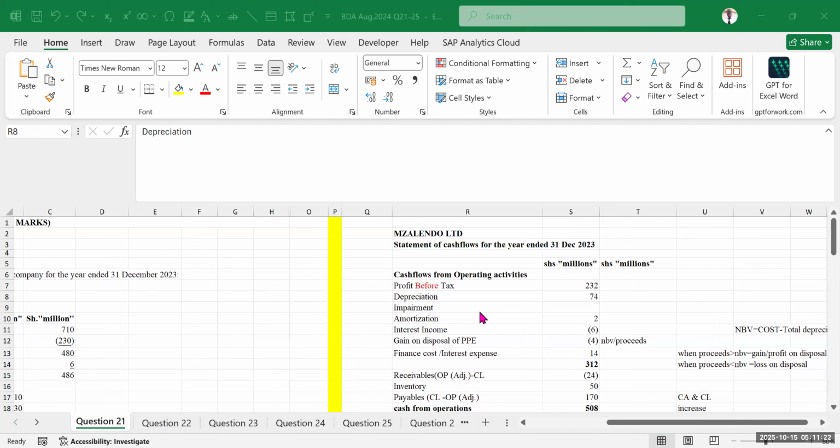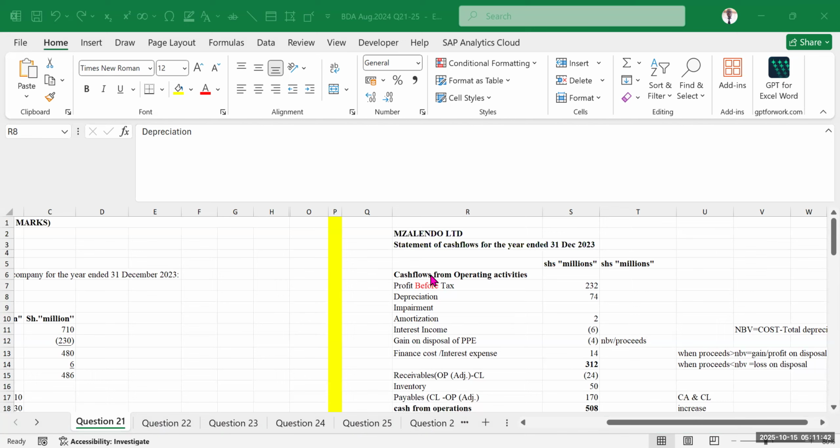So I told you that cash flow from operating activities, these are cash flows which are primarily derived from the principal revenue producing activities of the entity or of the firm.